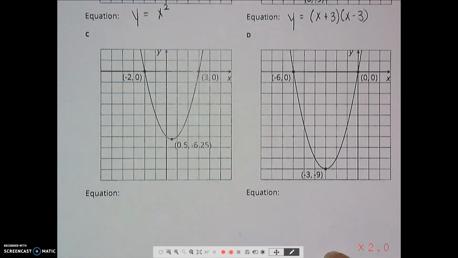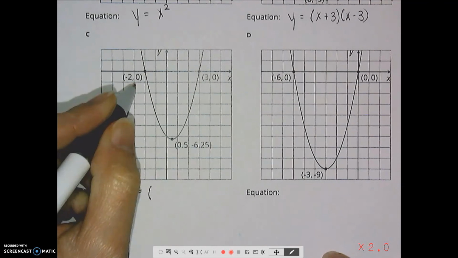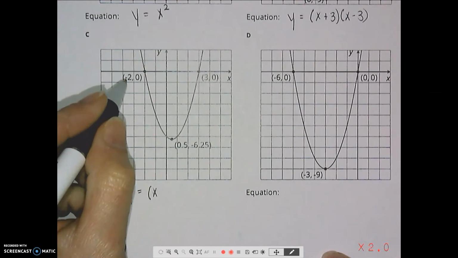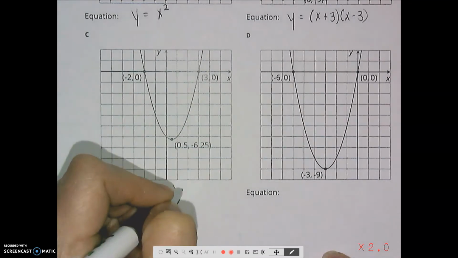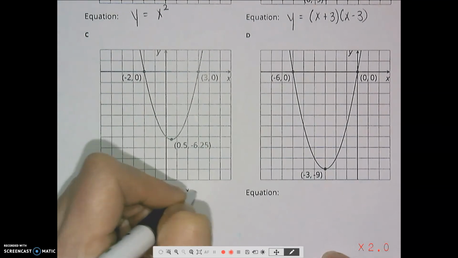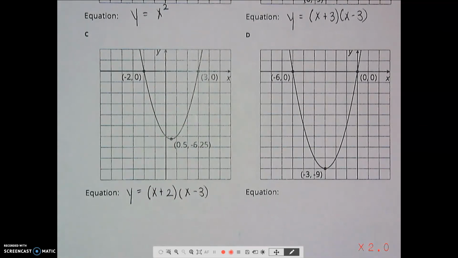Moving down here, for letter C, we have y equals the first x-intercept of -2 would go into the parentheses as x plus 2. And then we would have x minus 3 for this other one. So on this, let me show you what's happening here.